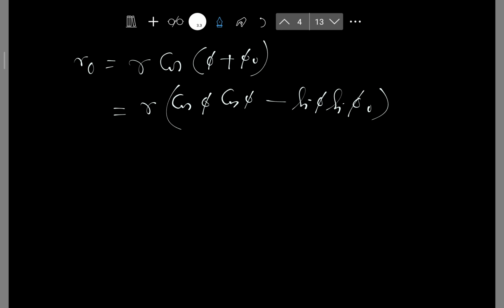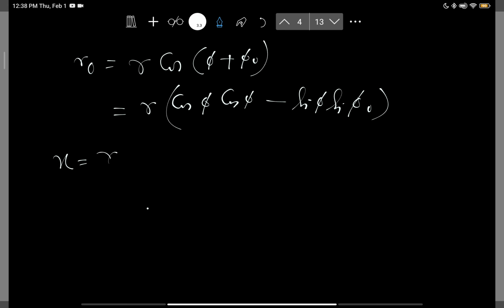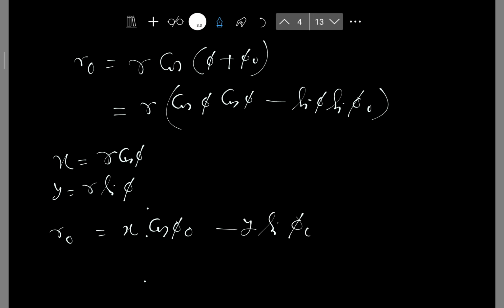As we are considering the equatorial plane, we identify x equal to r cos phi and y equal to r sin phi, so that the equation becomes r naught equal to x cos phi naught minus y sin phi naught.